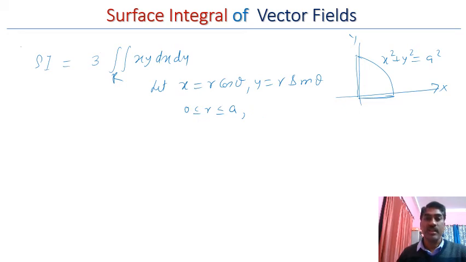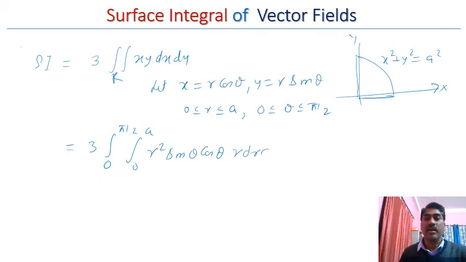You can see this in the figure. We have already discussed how theta varies. So this is 3 times the integral from 0 to pi by 2 for theta and 0 to a for r, and xy means r square sin theta cos theta, and dx dy is r dr d theta.